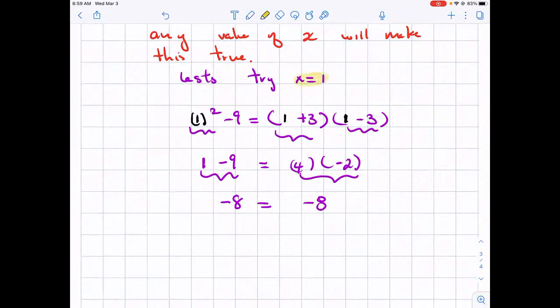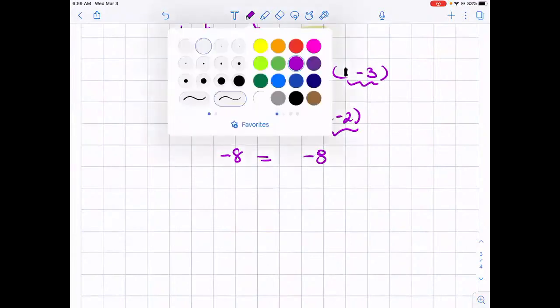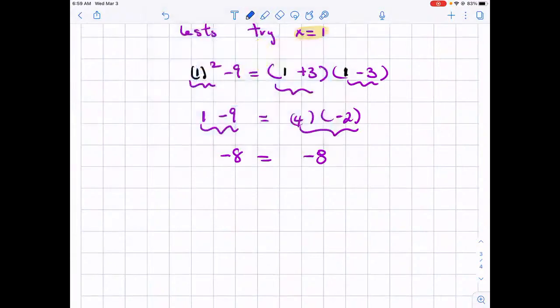Let's try a different x. Let's try x equals minus 3.